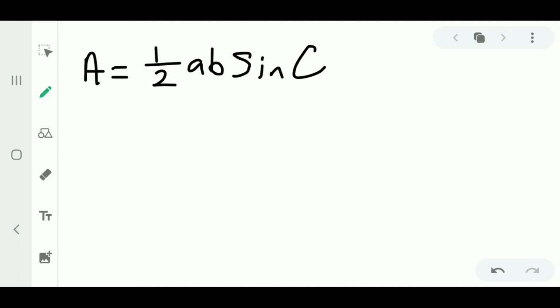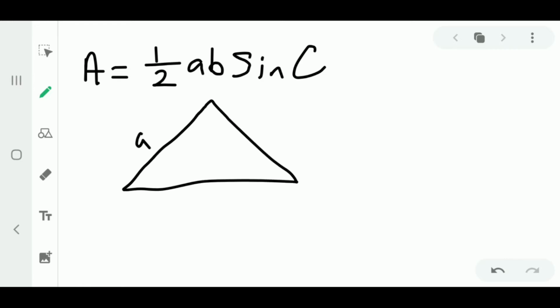There's another formula we could use to find the area of a triangle, which is half AB sine C. So let's say we have a triangle here, A here, which is equal to 10 meters, B here, which is equal to 12 meters, and we have angle C here, which is 30 degrees.